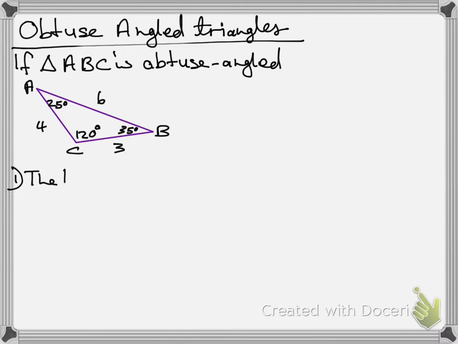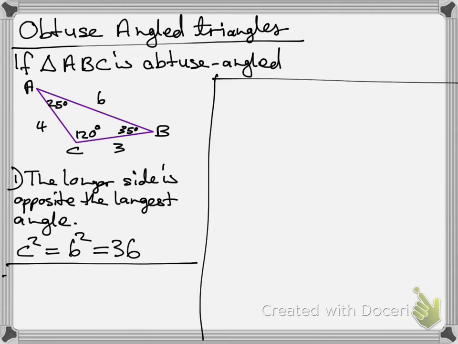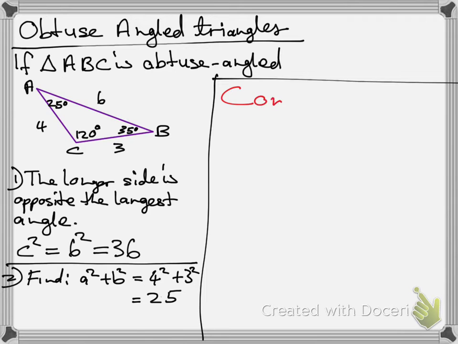The same thing with the acute angles. The longer side is always opposite the larger angle. In this case, the longer side is AB. So AB, which is small letter c squared, gives us 36. And if we find the sum of the squares of the other two shorter sides, which is a squared plus b squared, it gives us 25.